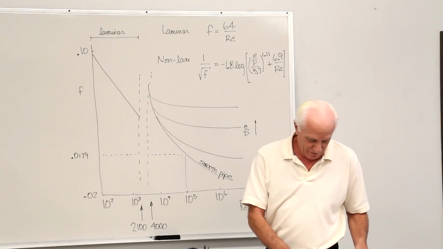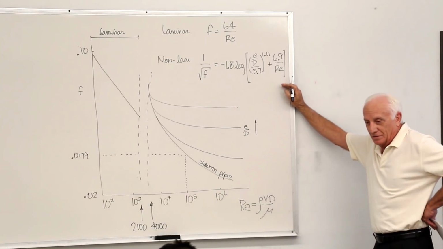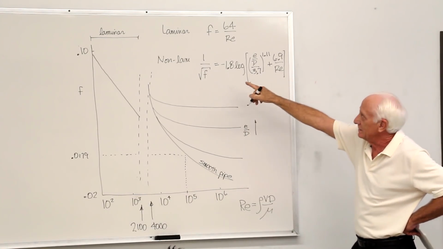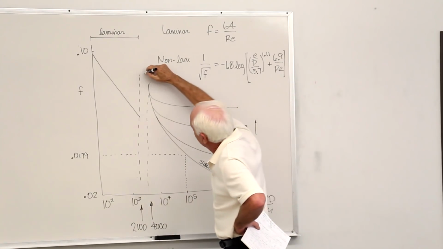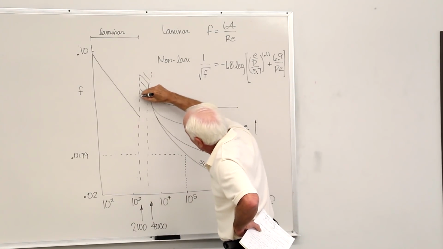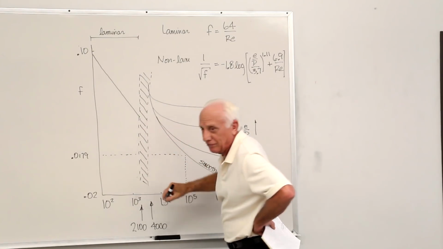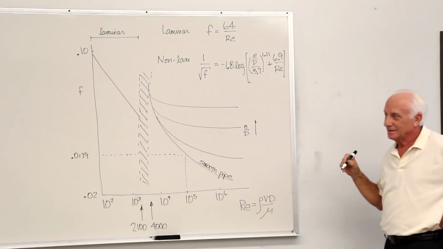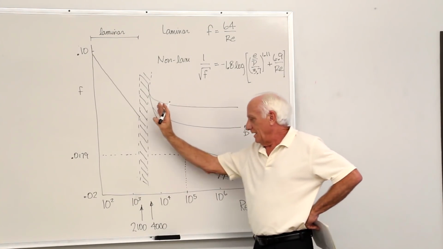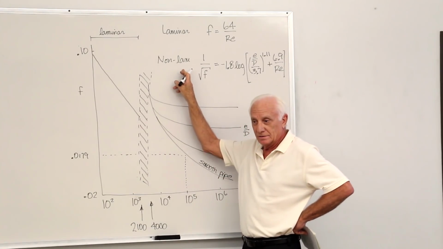Okay, now you also can use this equation which fits, notice what it says, everything non-laminar except the critical zone. Don't forget this zone right here, we have no equations, we have no graph for that. That's a no-fly zone. Don't want to end up there, so stay out of there. Okay, to the right of that line of 4,000, that's the non-laminar.